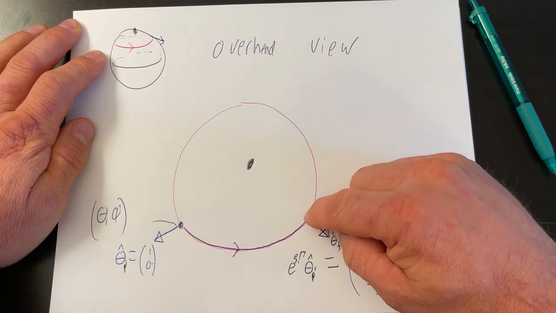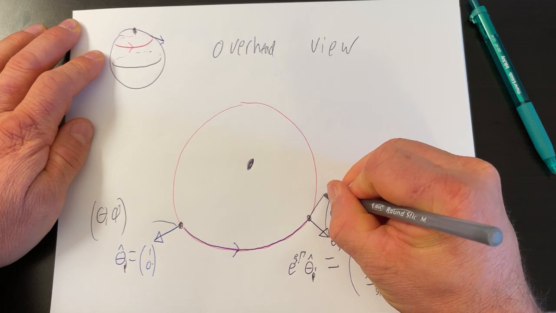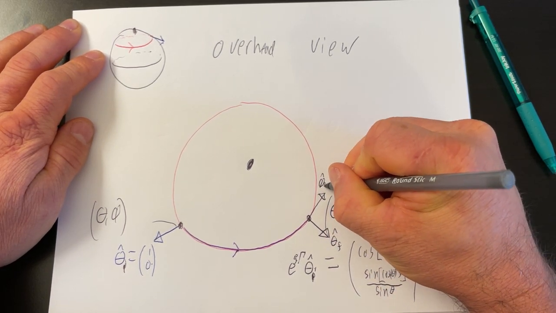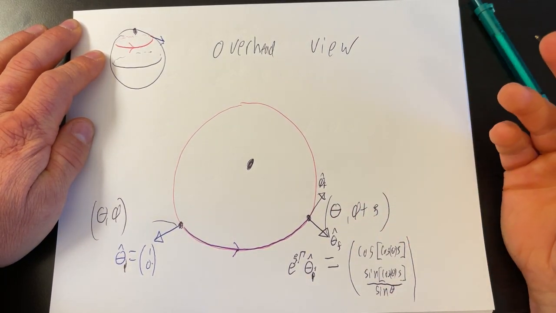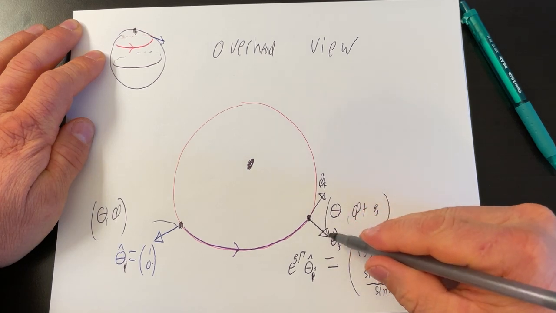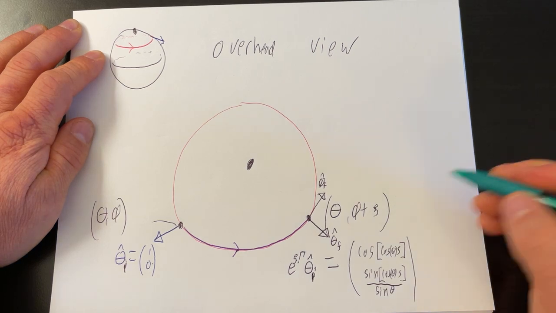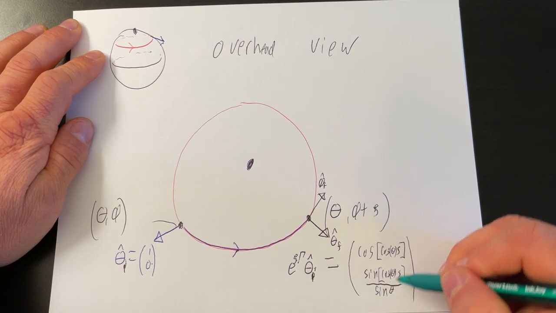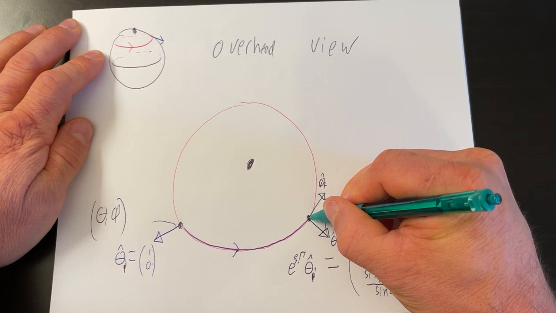Okay, so instead of only pointing outward, it will also point somewhat in the phi hat direction, right? So that's like the final point right there. It points a little bit in this direction and a little bit in that direction. And in particular, since I'm thinking of theta as being quite small, we'll do this.